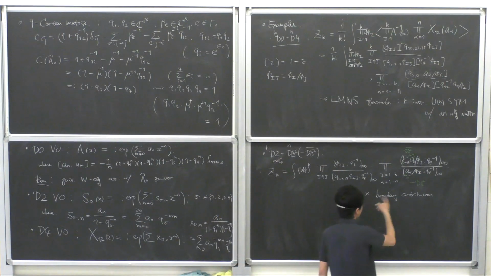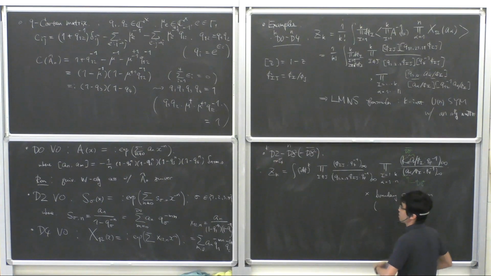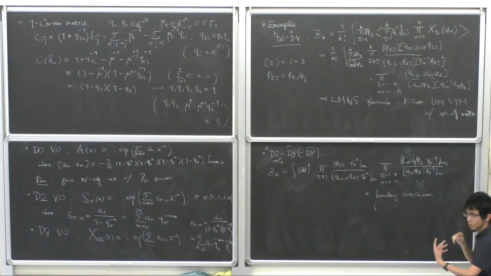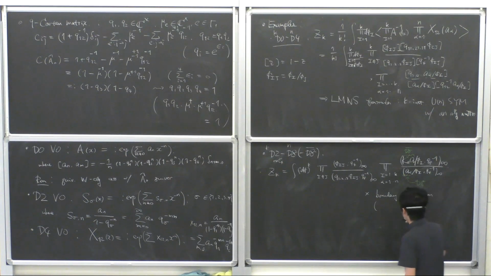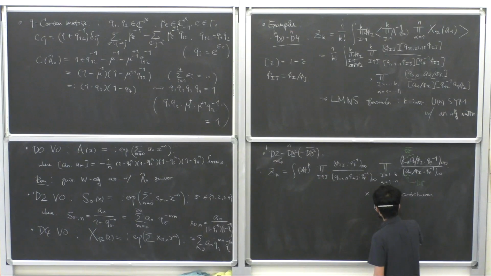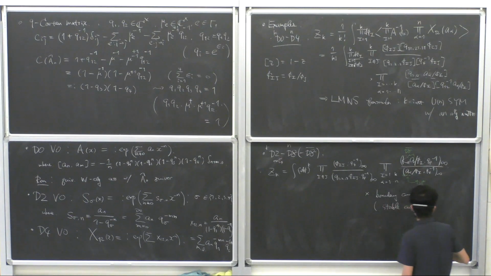And actually the boundary condition can be automatically reproduced from the OPE of these vertex operators. The boundary condition is nicely interpreted as a stable envelope associated to this Hilbert scheme of points of C^4, C^3. But this is not yet complete.